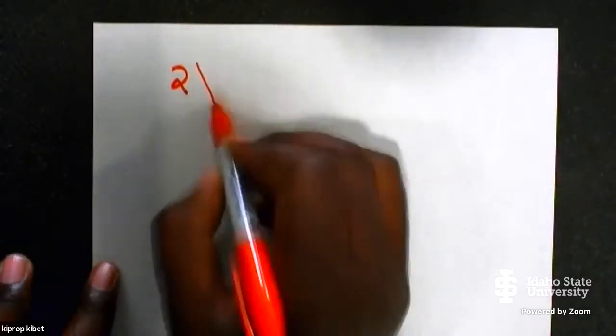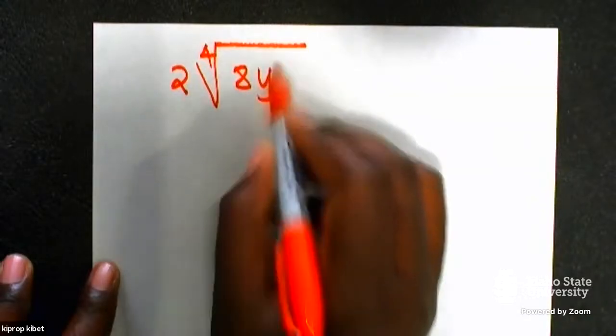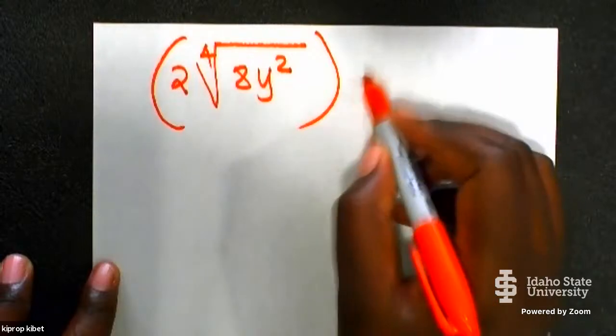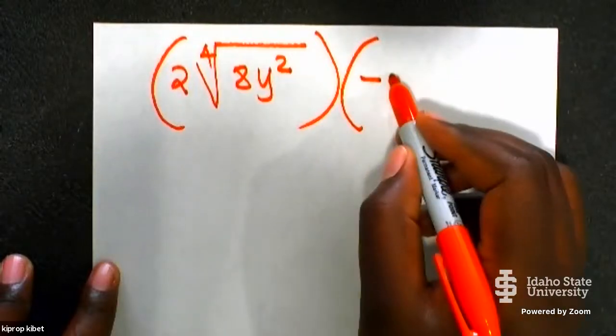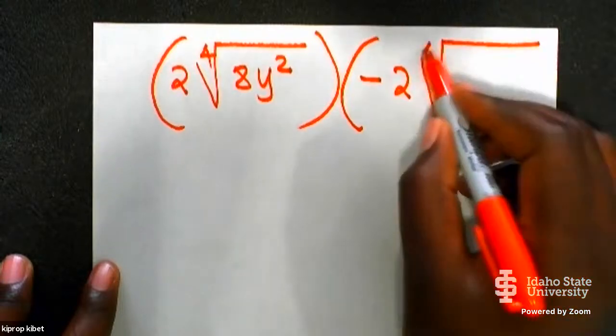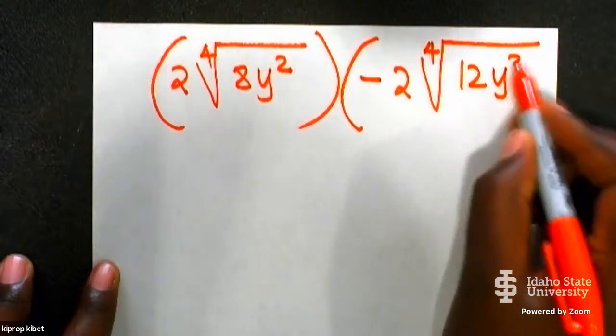Two, the fourth root of 8y squared. Then we have the minus 2 fourth root of 12y cubed.